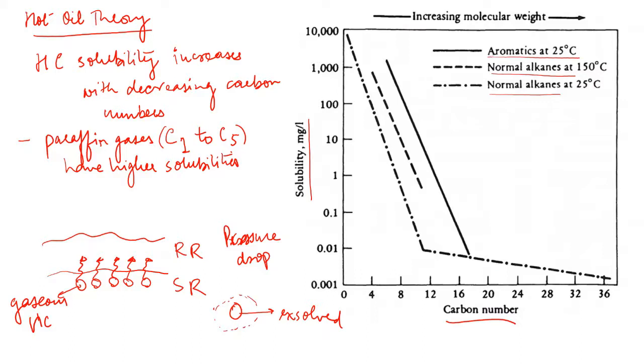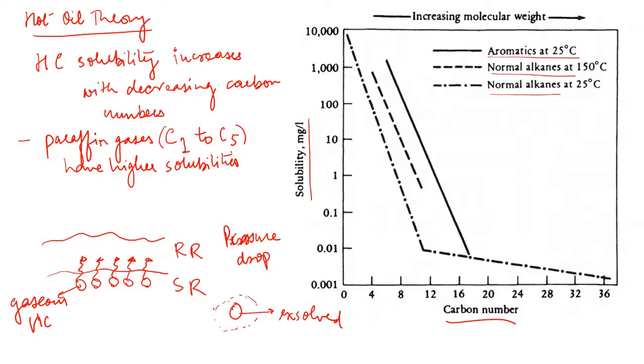Then it enters the reservoir bed. Now, it is seen that in a typical crude oil, very little is composed of moderately soluble alkanes, while the large component consists of heavy aromatics and resins.